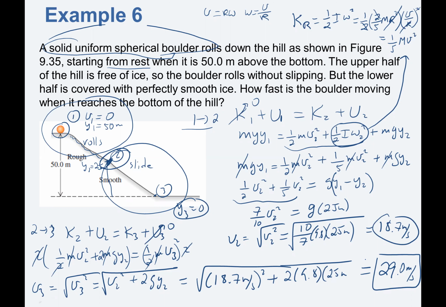But as soon as it becomes smooth, you have just a translational object sliding down, no rotation, like in chapter 7. In both cases you have conservation of mechanical energy. The only difference is that for the rough surface, you have both translational and rotational kinetic energy, whereas for the smooth surface, you have just translational kinetic energy.